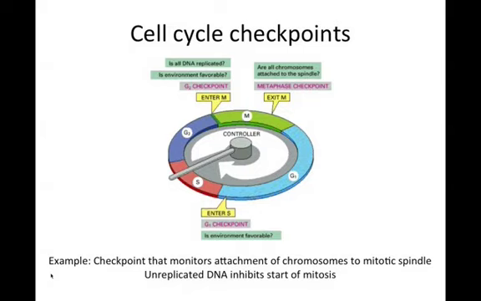And if they can't be fixed, then what should happen? Apoptosis. For example, there's a checkpoint that monitors attachment of chromosomes to the mitotic spindle. What happens if your chromosomes are not properly attached to your mitotic spindle? What happens to the cell? What happens to the daughter cells?